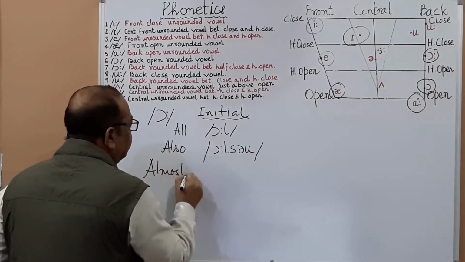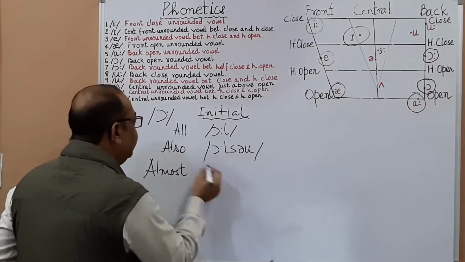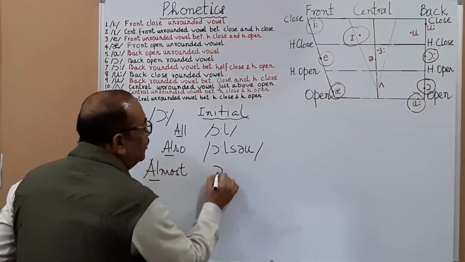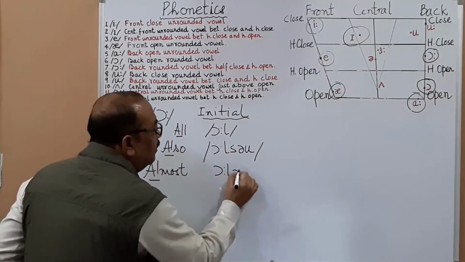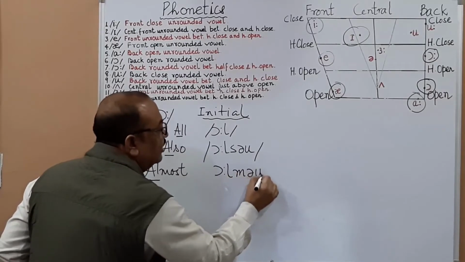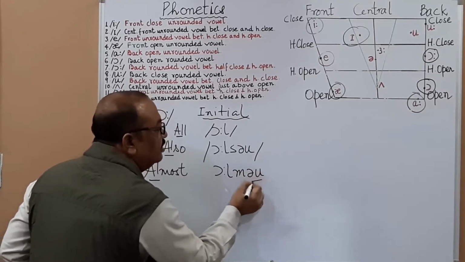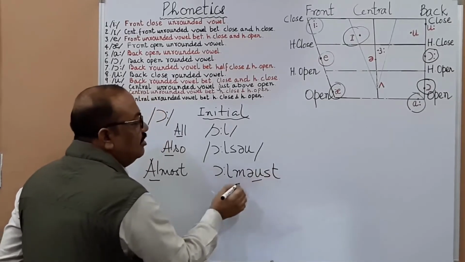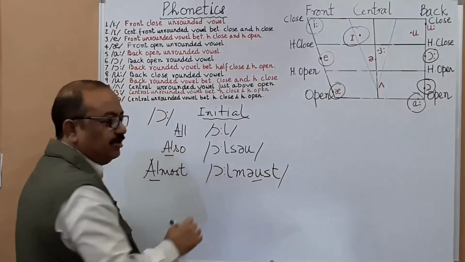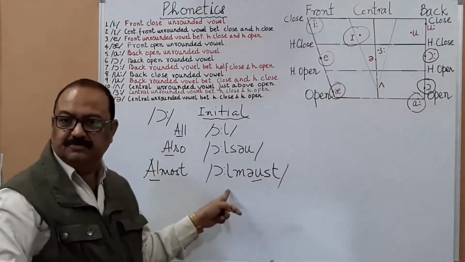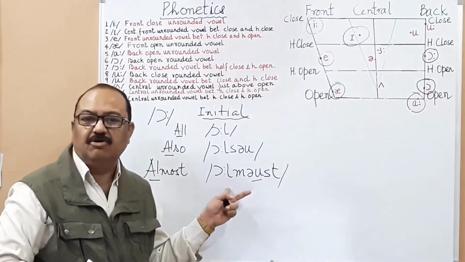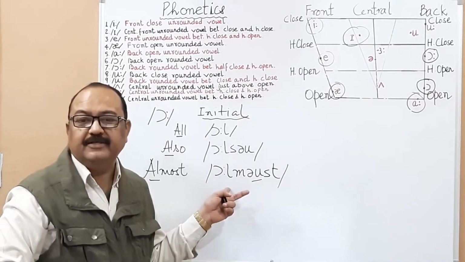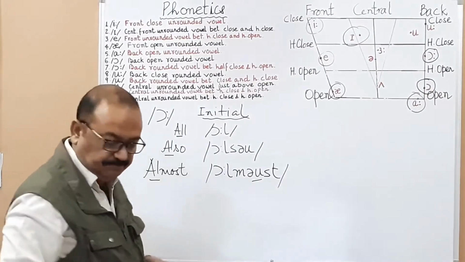Again the all part is the same, and here again you have a diphthong. This is how you write almost phonetically. Yes, almost. Yes? Always.